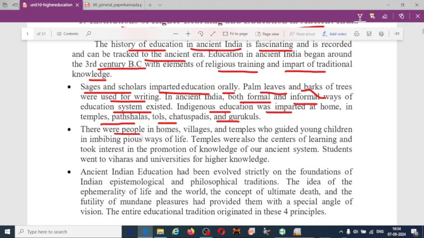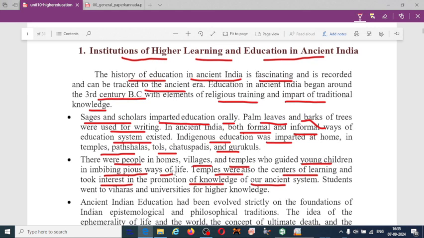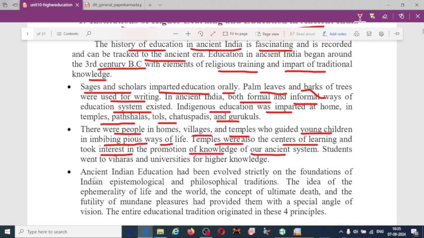There were people in homes, villages and temples who guided young children in imbibing ways of life. Temples were also centers of learning and took interest in the promotion of knowledge of our ancient system. So earlier, education usually happened in temples, gurukulas or pathshalas, and right now we have schools, colleges and institutions.